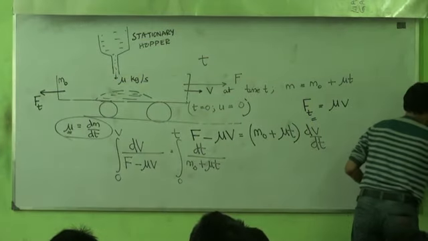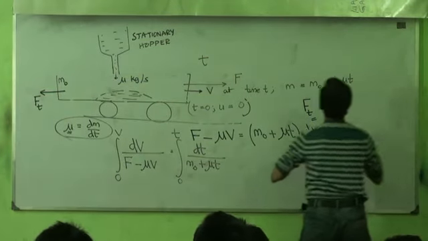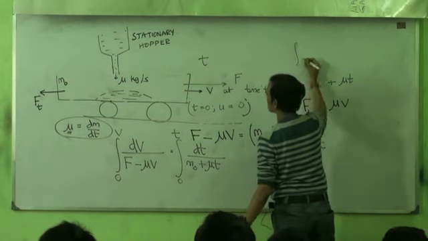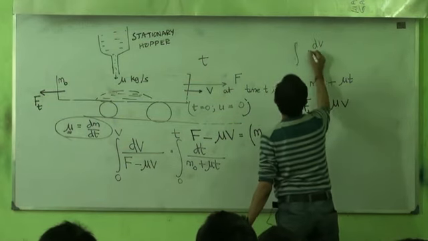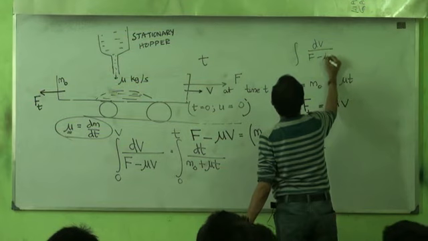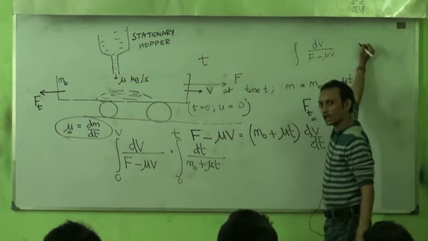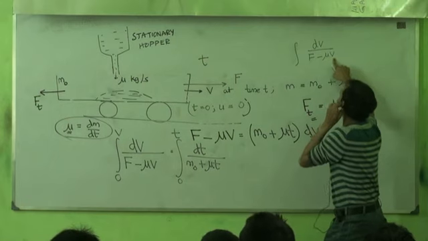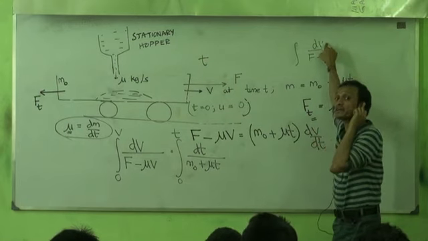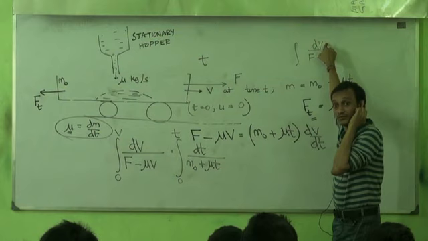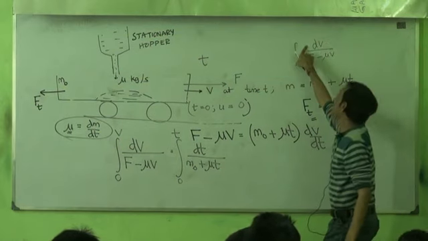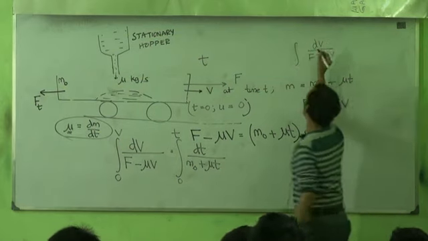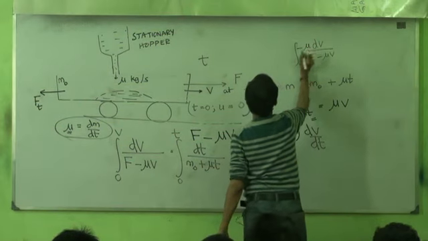Now, tell me, what would be the integral of dv by F minus mu v? What's the derivative of F minus mu v with respect to v? Minus mu, right? Can I not make the numerator the derivative of the denominator by multiplying by minus mu?